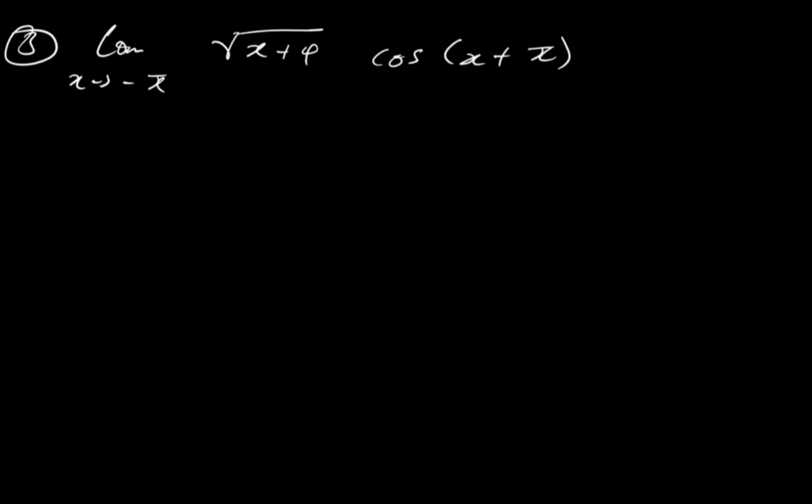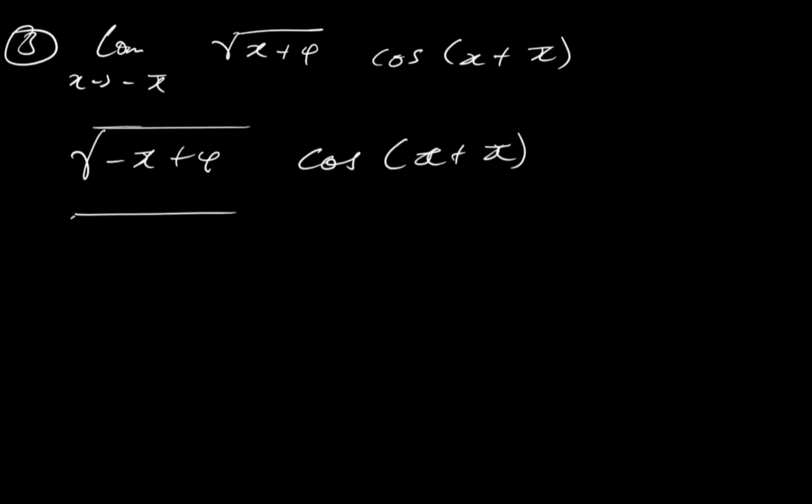Alright, let's look at this one. The limit as x approaches minus pi of the root of pi plus 4, then times cos of x plus pi. In order for us to solve this, all we're going to do is plug in. We have the root of minus pi plus 4, then cos of minus pi plus pi, that will give you 0.